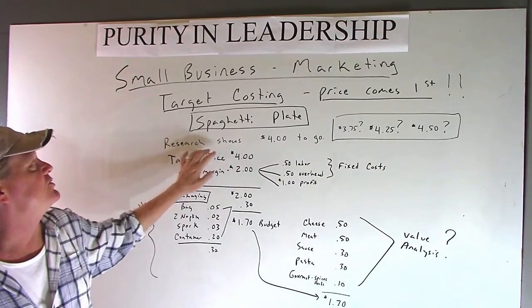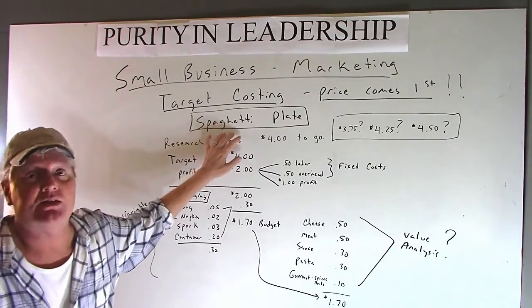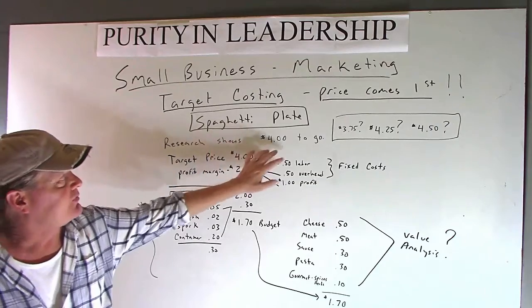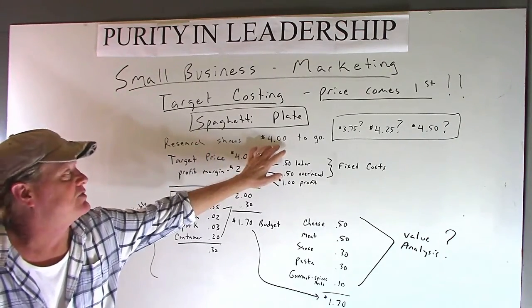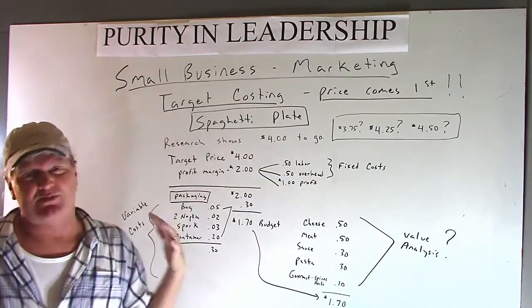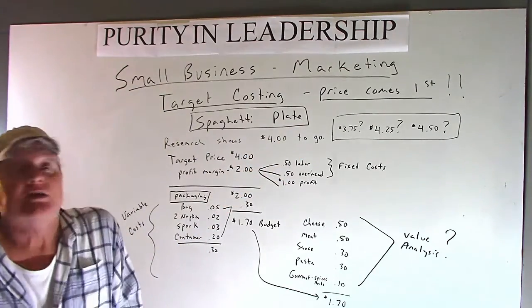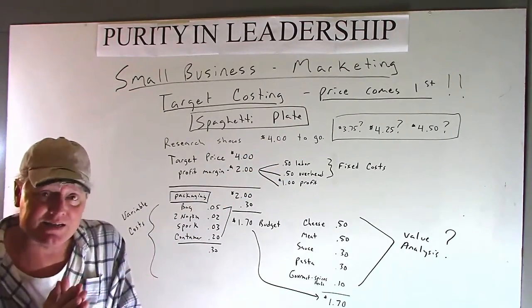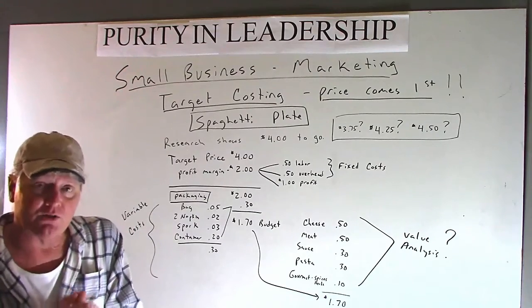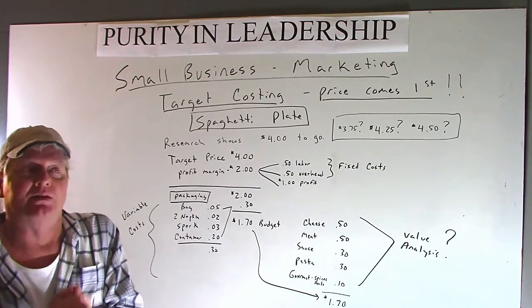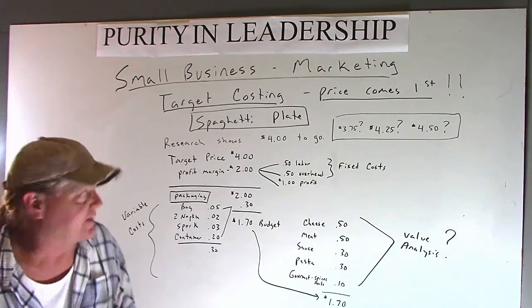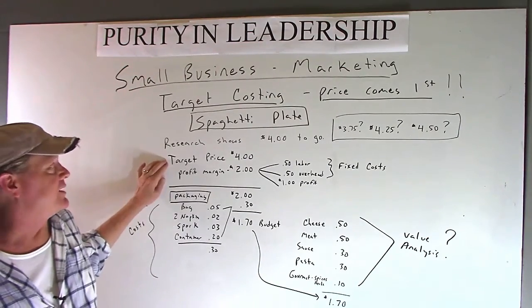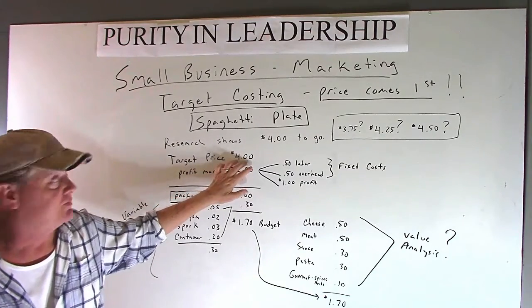So our research shows that people would be interested in spaghetti, and the price they're willing to pay is $4, and in this vision it's to go. So we gotta hit the $4 price mark for our target market, whoever that is in this case. So our target price is $4.